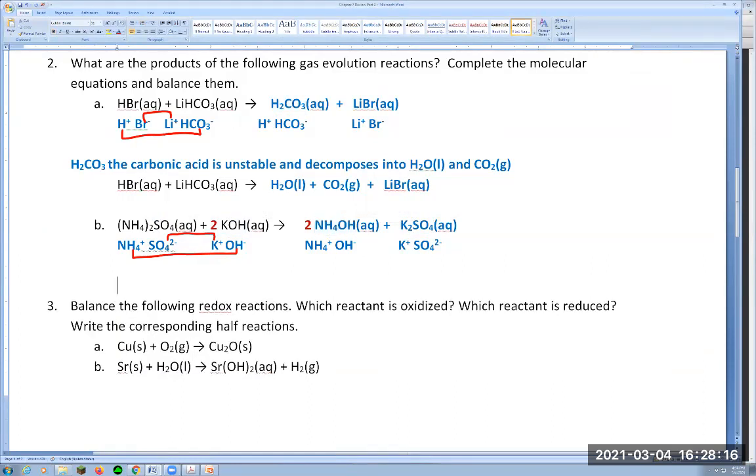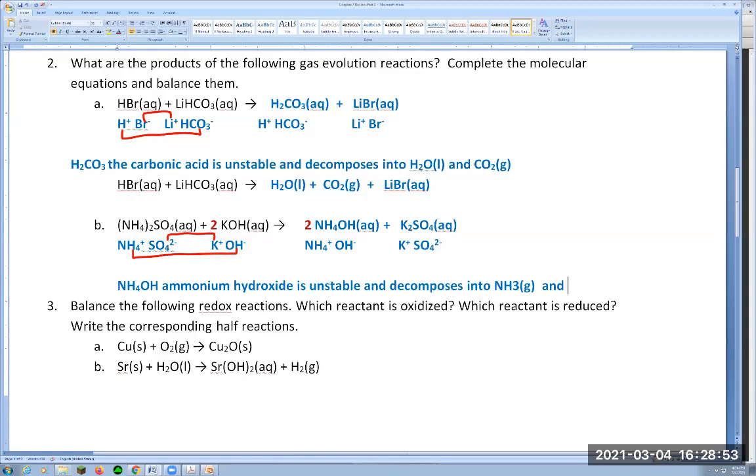I can write here that ammonium hydroxide is unstable and decomposes as well into, it's going to be different here, NH3, the ammonia. And the ammonia is a gas. This is something you will have to learn.